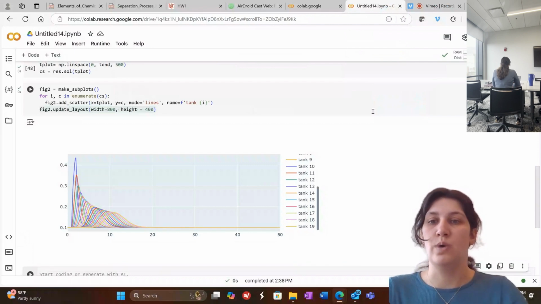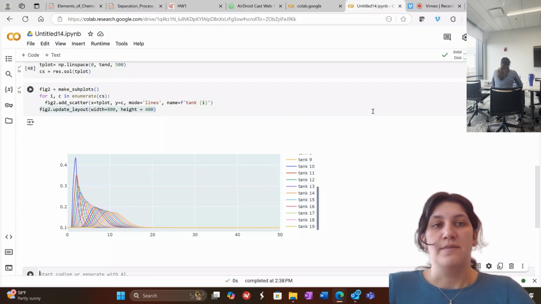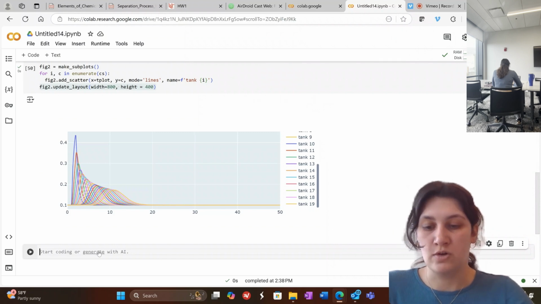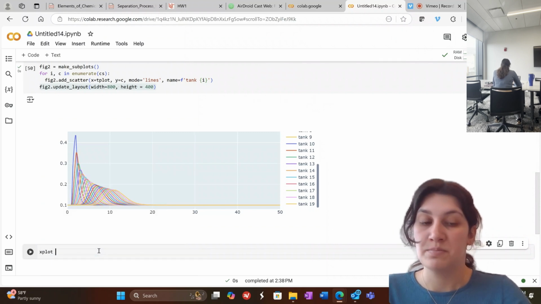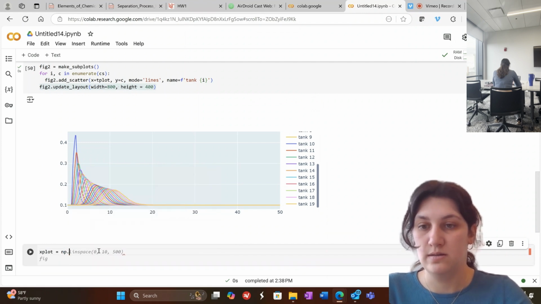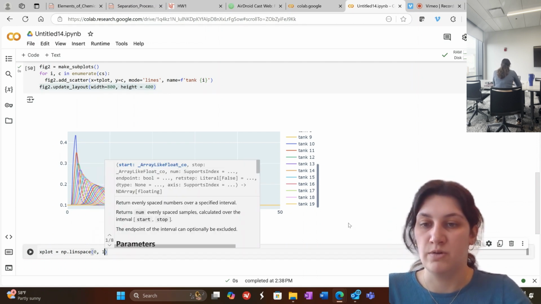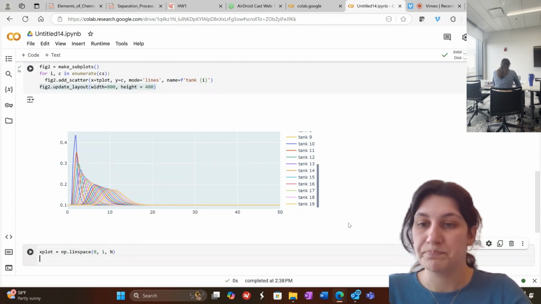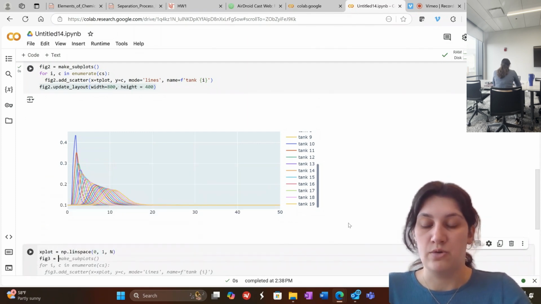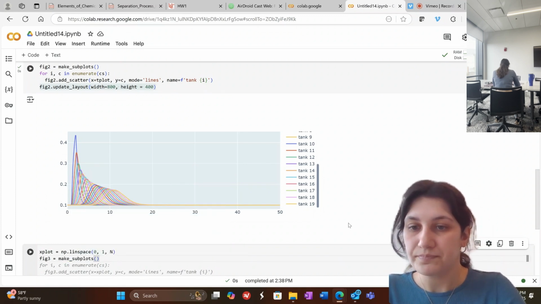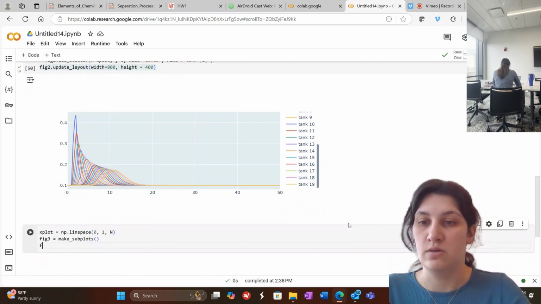Finally, we are ready to plot this series of reactors as position on the x-axis versus concentration on the y. So to start, we want to establish our x_plot, since instead of t on the x-axis, we're going to have position. So we go from 0 to 1. Make our third figure, so make_subplots. We're going to make another loop.